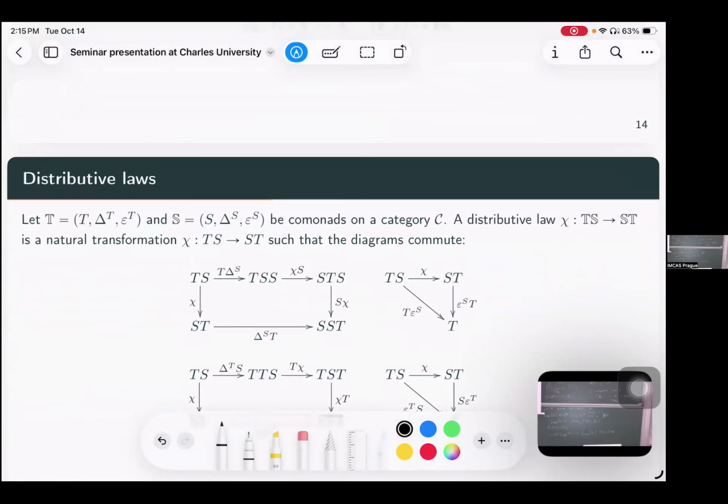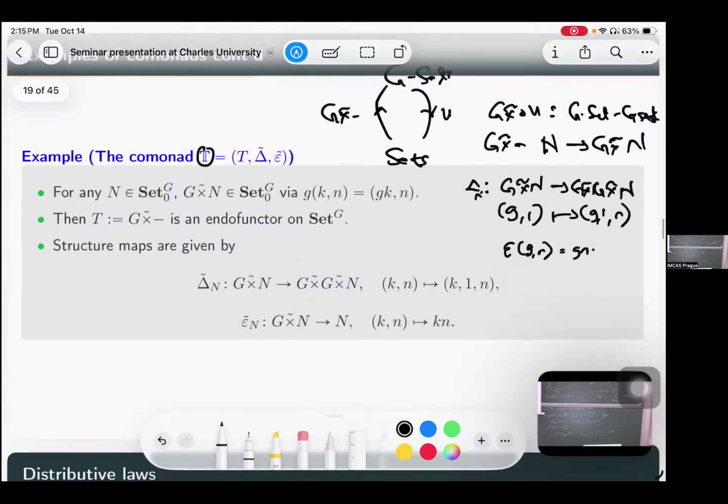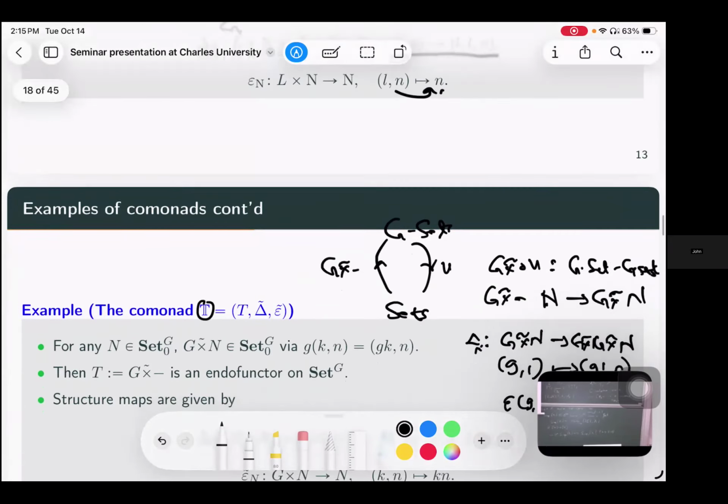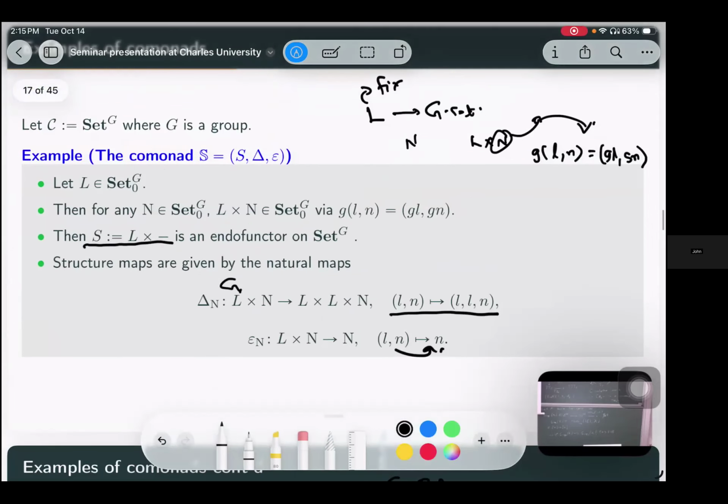If I may, let me ask if I got it. So you write the tilde over the cross to say that you just act on the first factor, while if you don't write the tilde, this means that you act on both. Is this correct? Yes. So the one with the tilde means that this very comonad is coming from an adjunction, or let's say it's coming from an Eilenberg-Moore adjunction.